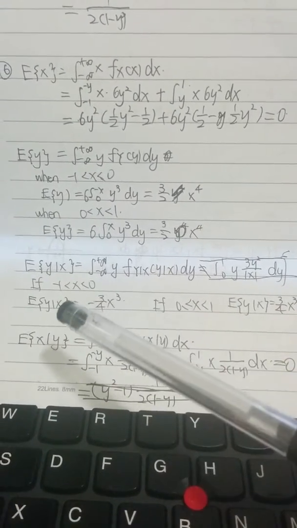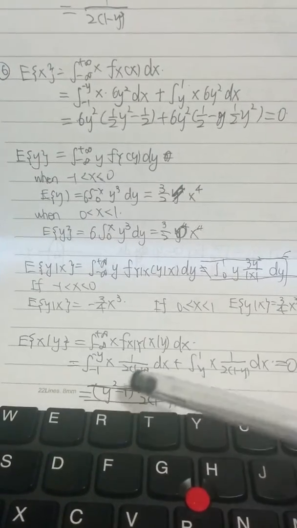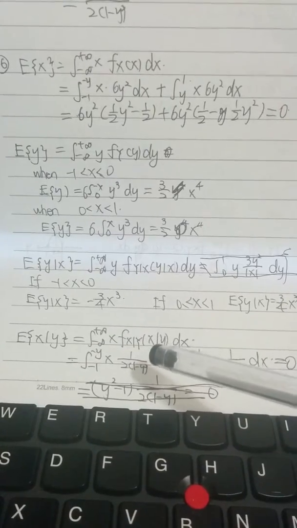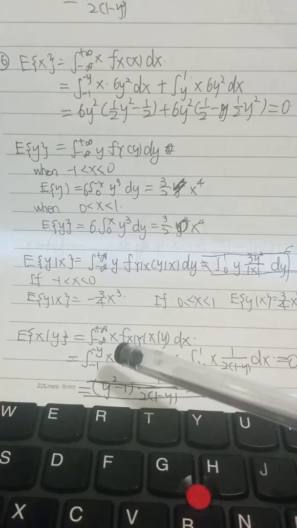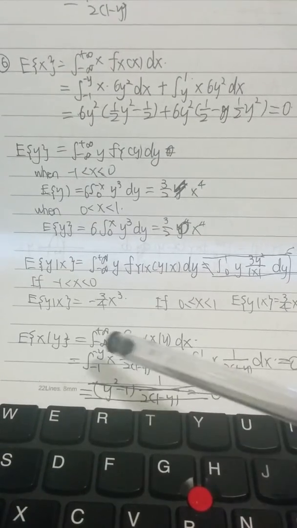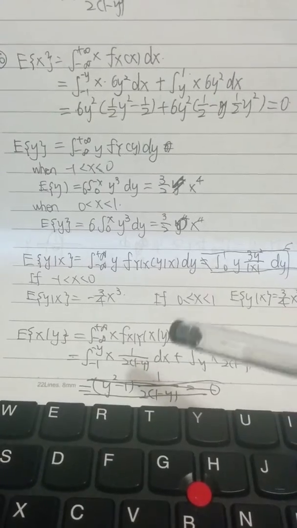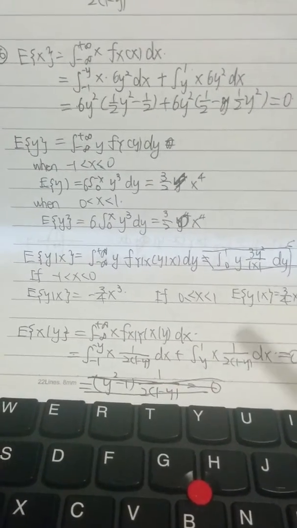In the last question, when y is given, I use a similar idea, but in this case, when integrating x, x is an odd function and the area is even. So using the property of the function, I can get the output equals 0.